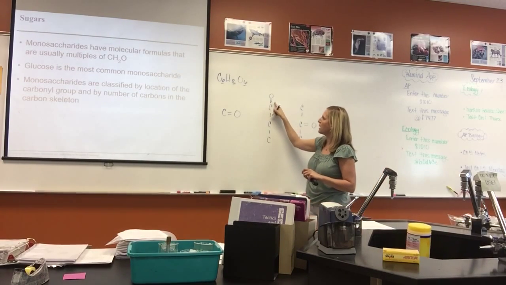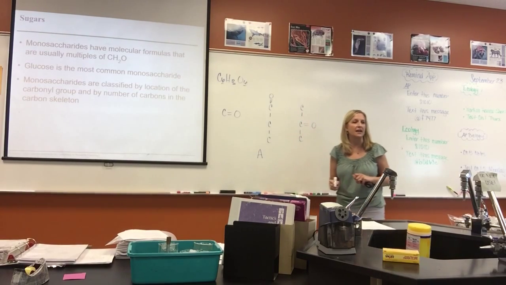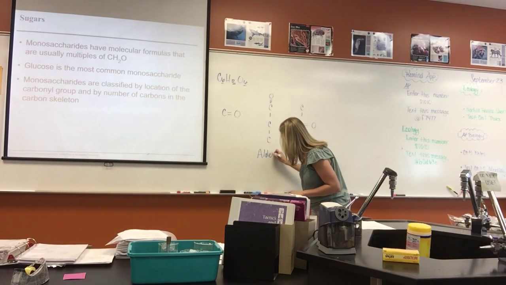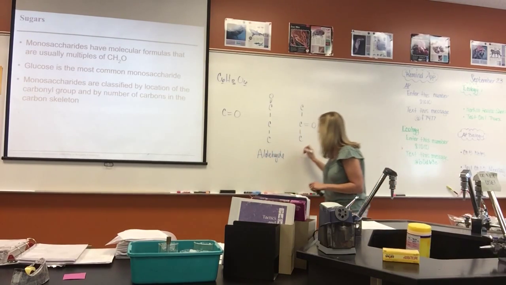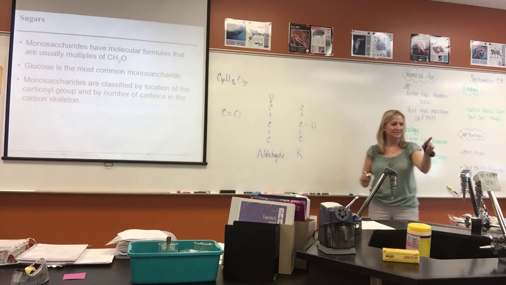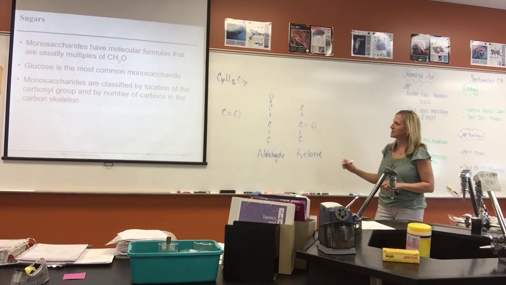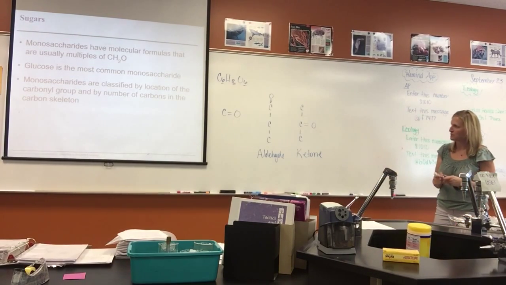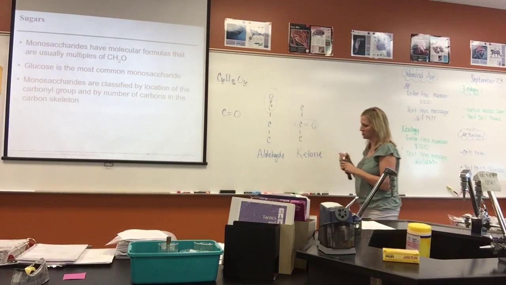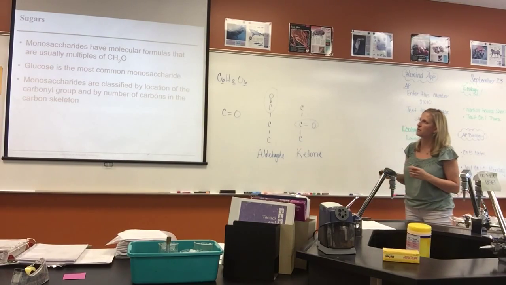If the carbonyl group is at the end, it's called something that starts with an A. An aldehyde, that's right. And if it's in the middle, it starts with a K. Ketone. This is going to become important in just a second when we look at the next picture. So here's the carbonyl group and here's the carbonyl group. It's just the location of that varies. And this is what's going to help make one sugar molecule different from the next.